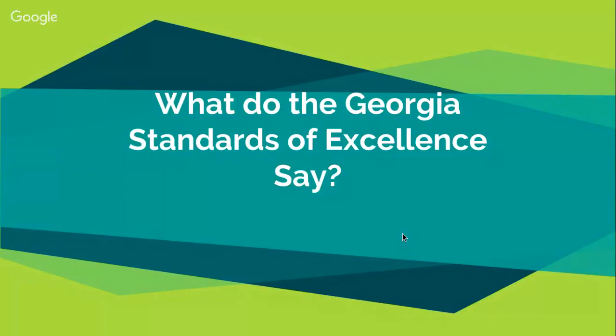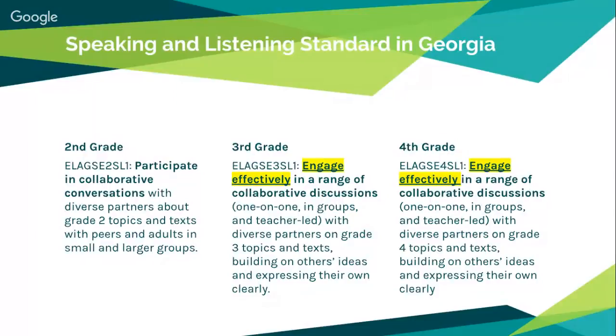And I started with the Georgia Standards of Excellence. It is important to look at your standards, the speaking and listening standards. Now, if you look, there's a common language across grade levels. At the time, I was teaching 2nd, 3rd, 4th, and 5th.